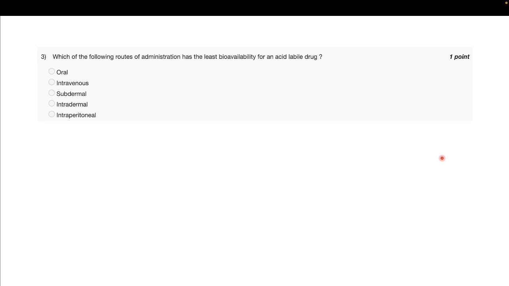Next is, which of the following routes of administration has the least bioavailability for an acid labile drug? You have 5 options and you have to choose only one correct option. So let me know if you know the answer.